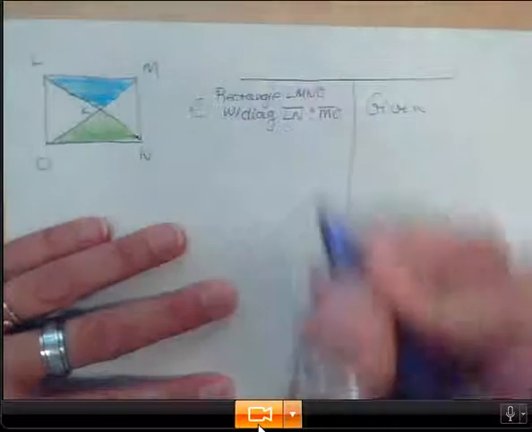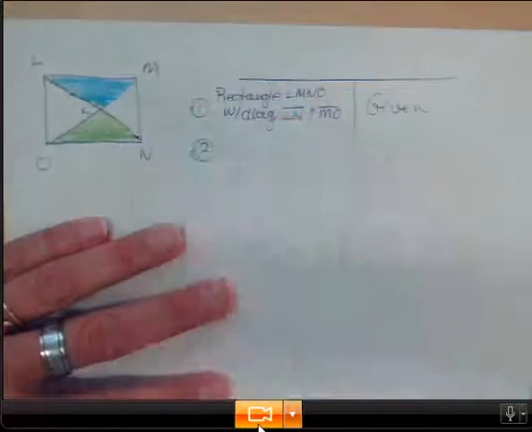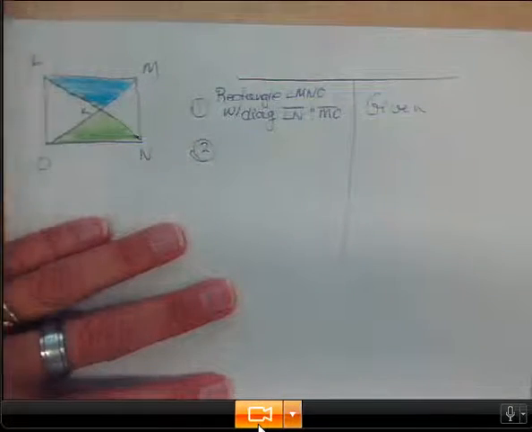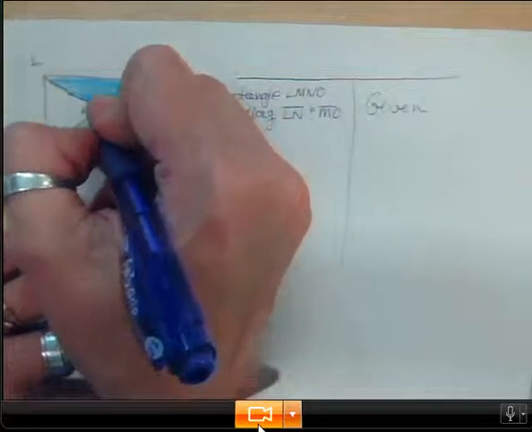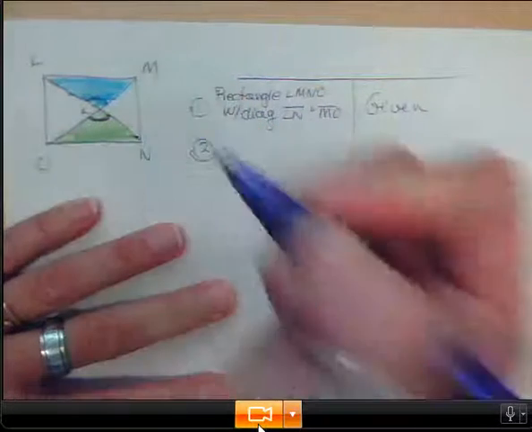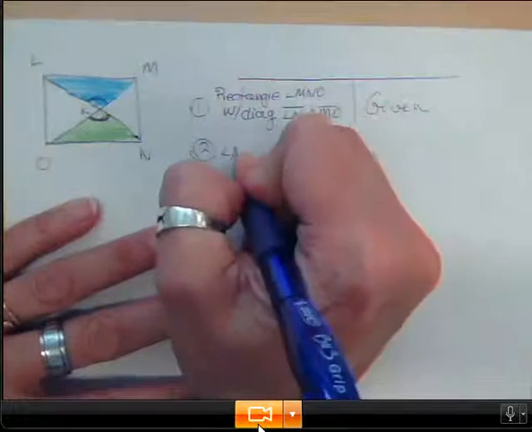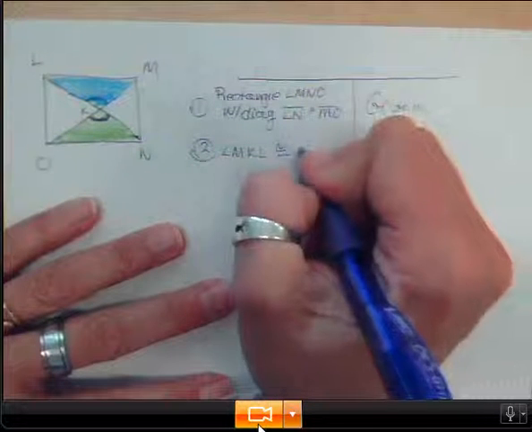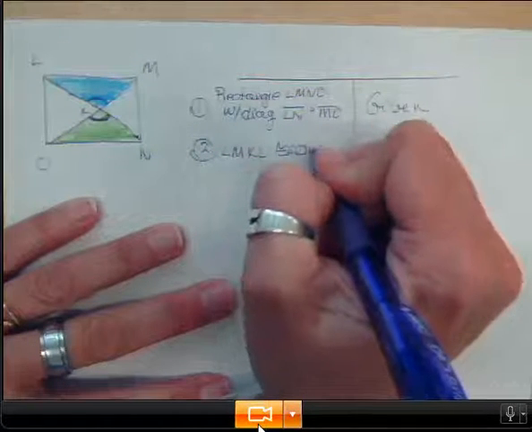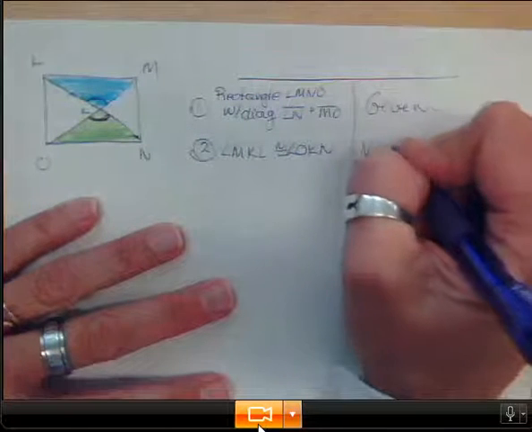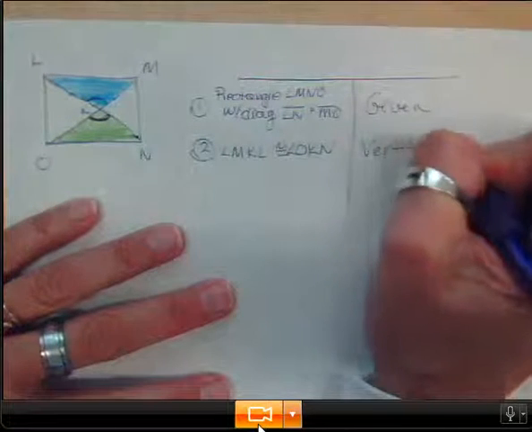That would be step one. Step two, well, in that proof, I'm seeing some vertical angles there. We're trying to show these two congruent. Well, then I most certainly know that angle MKL would be congruent to angle OKN, and those two would be vertical angles.